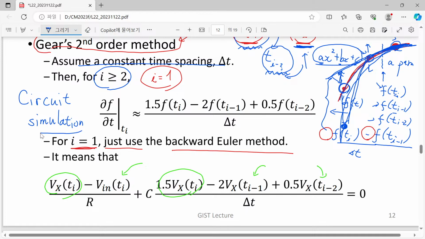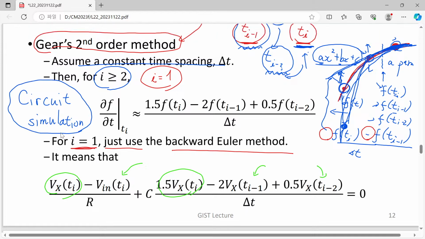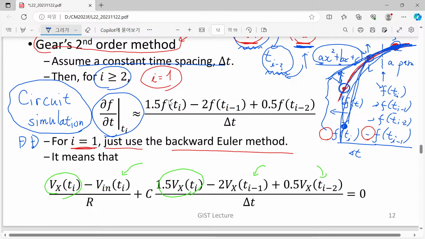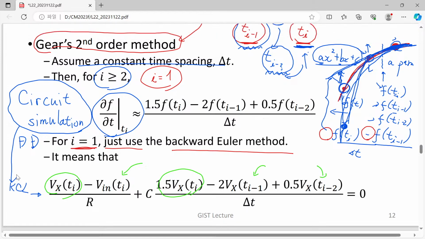Eventually we will use this kind of discretization to solve the drift diffusion model. However, the current problem is not the device problem, but KCL. And KCL is the very governing equation of all circuit simulation, so SPICE simulation.